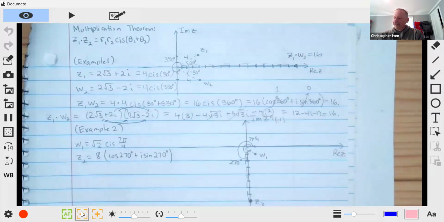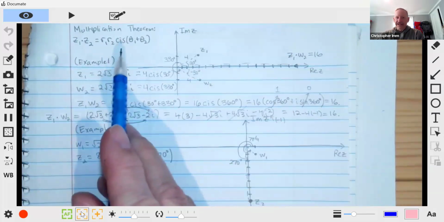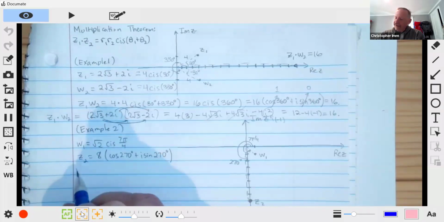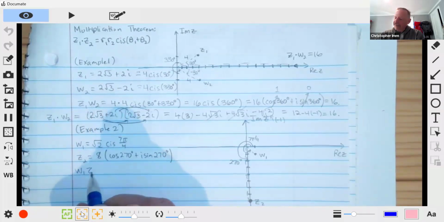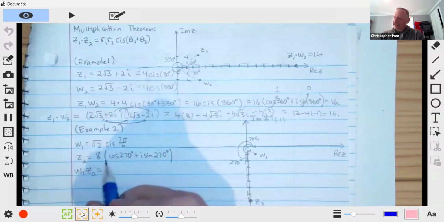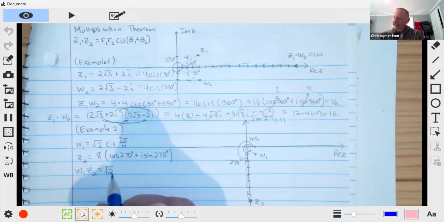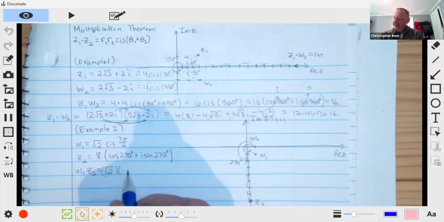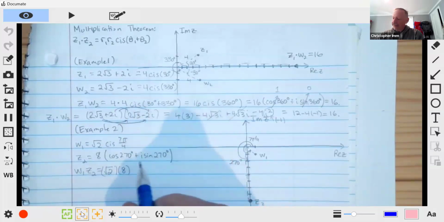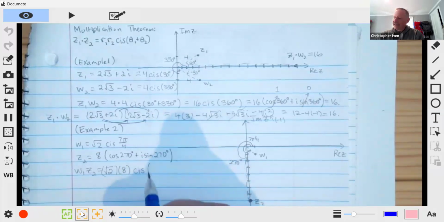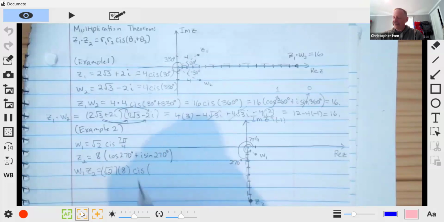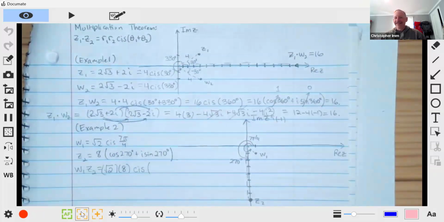Okay, so I can use this multiplication theorem to multiply these together. W1 times Z2 is equal to, I multiply the moduli together, so I have root 2 times 8. And I'm going to use this abbreviated notation. So I'm going to take 7 pi over 4 plus 270. So I have things in different formats here.